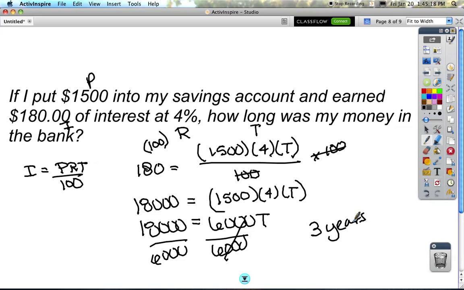Okay, questions on this one? Does that make sense to you? We're rearranging that formula to find other elements.